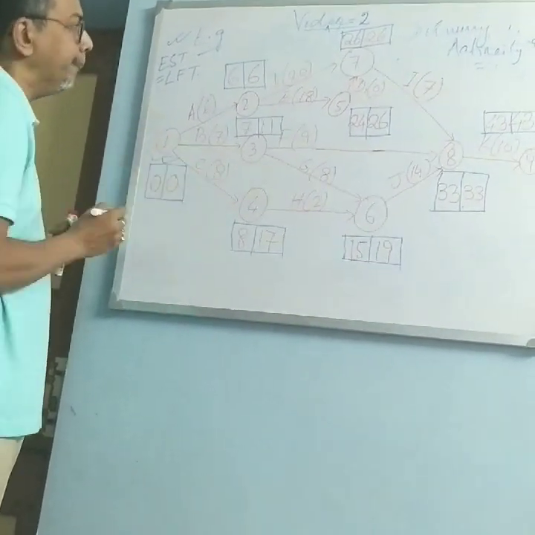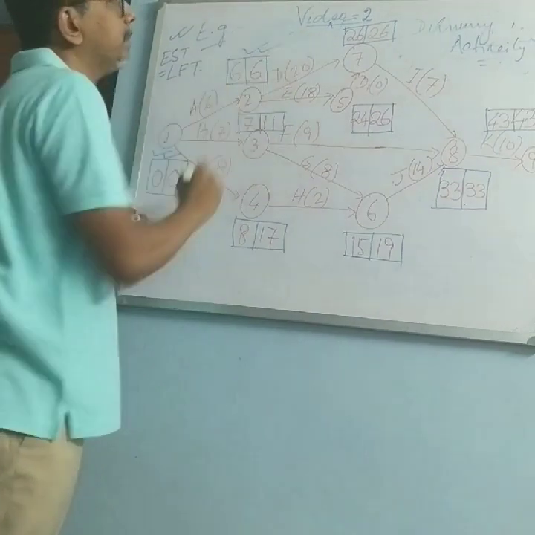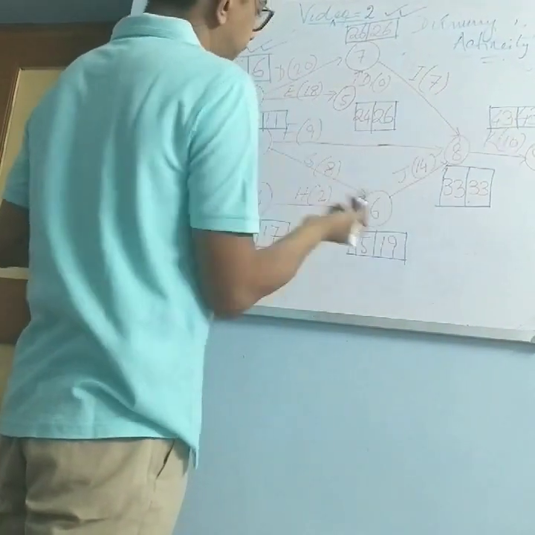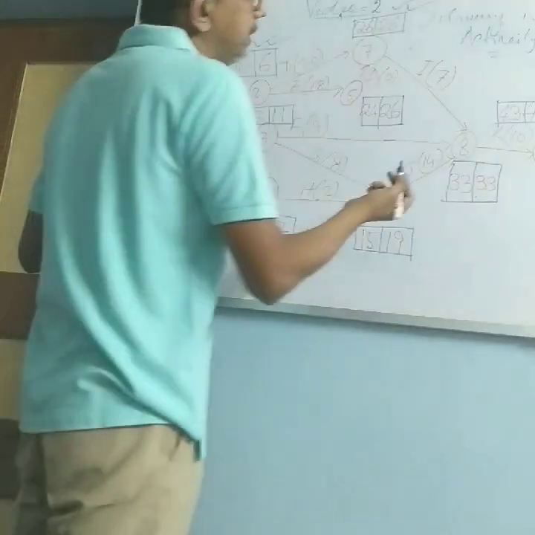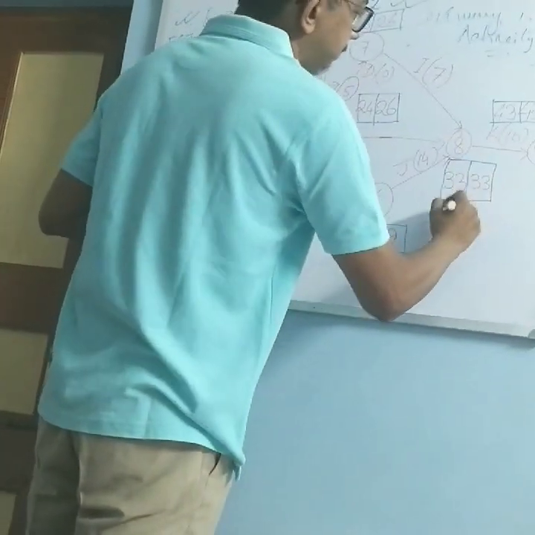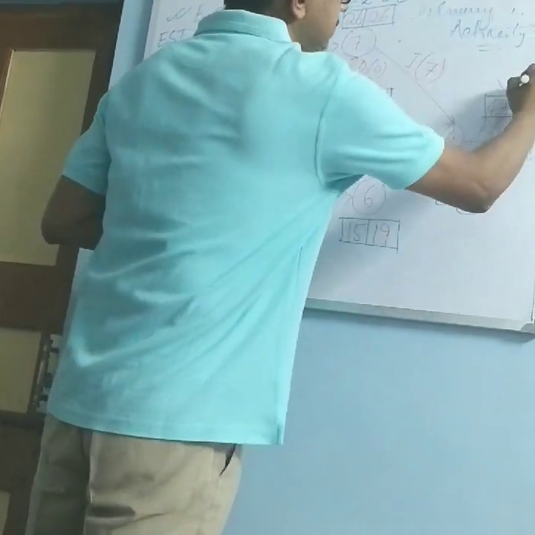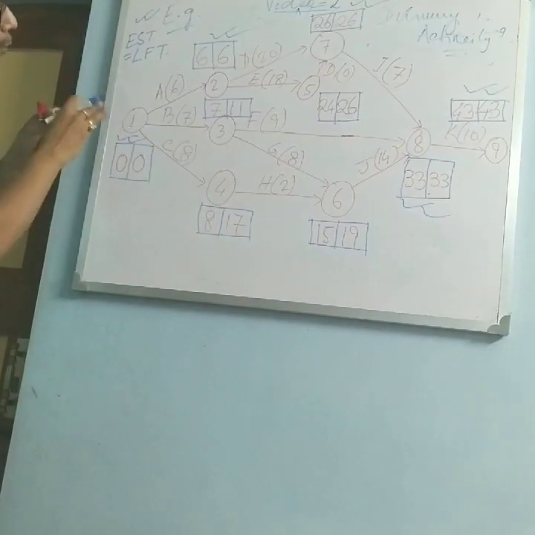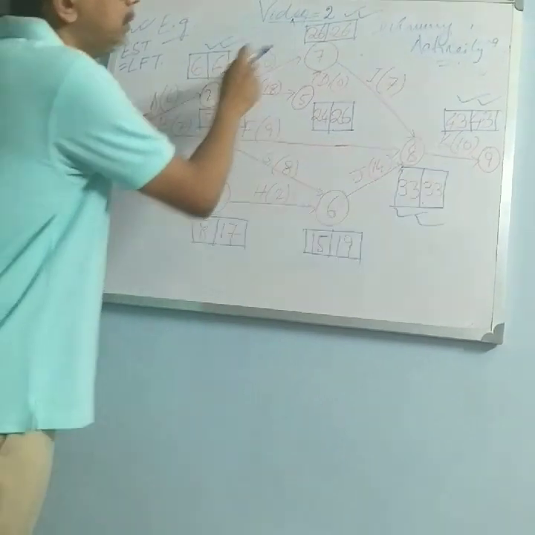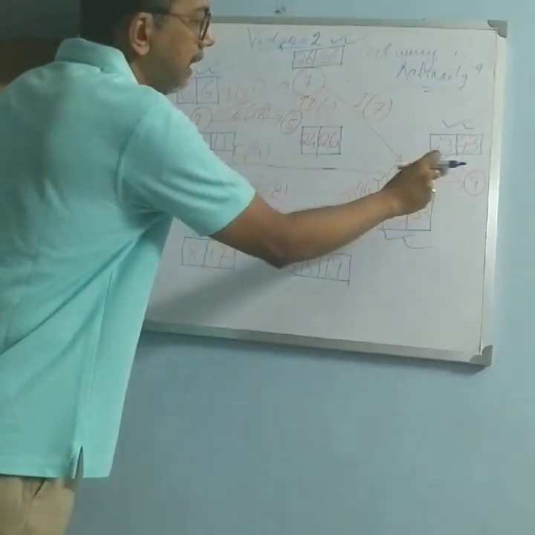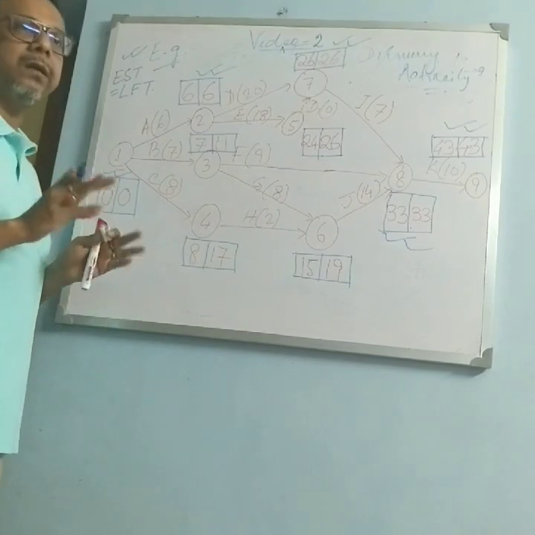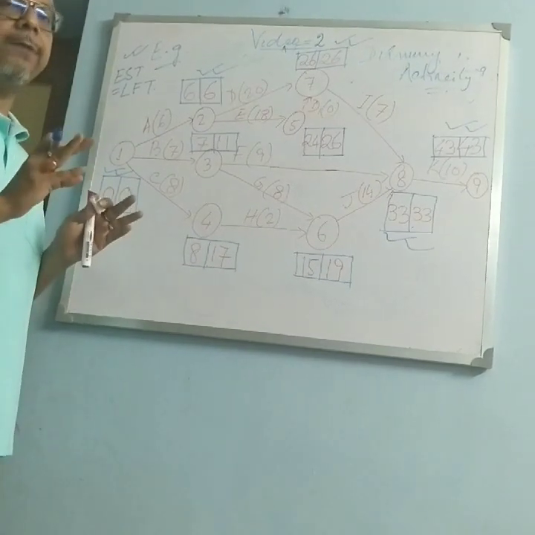Say this one, then this one, then this one, and finally this one. Now see, what are the nodes? 1, 2, 7, 8 and obviously 9, where EST is equal to LFT.